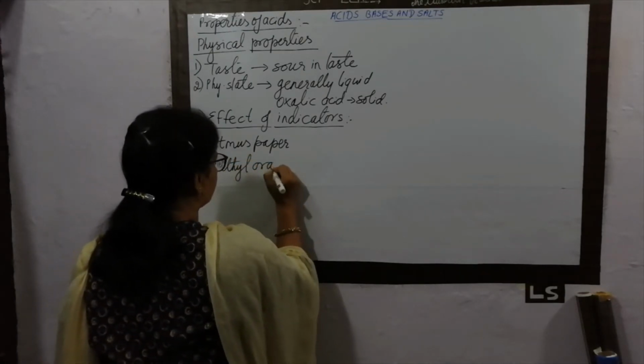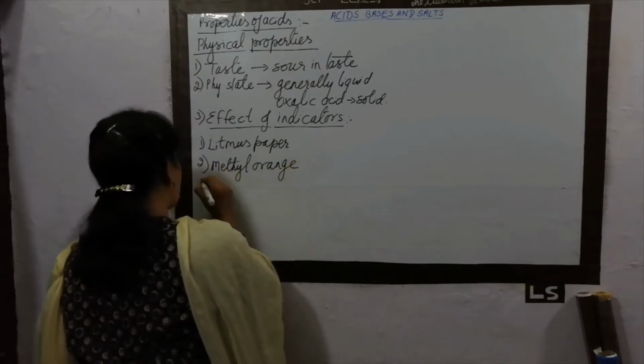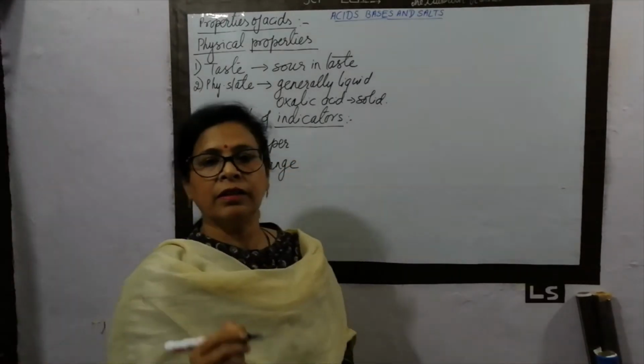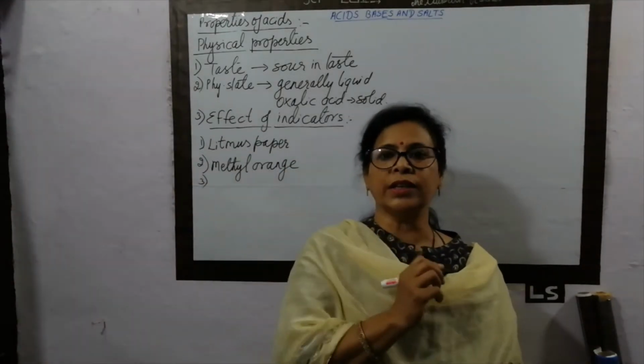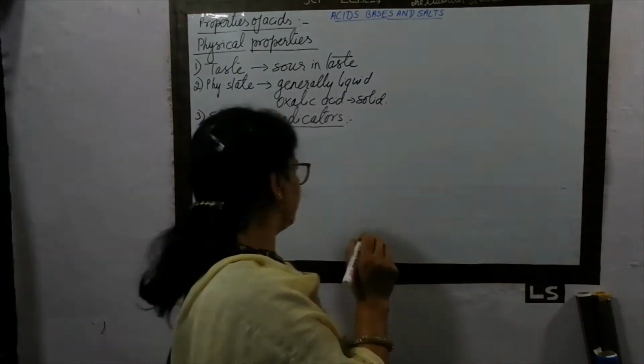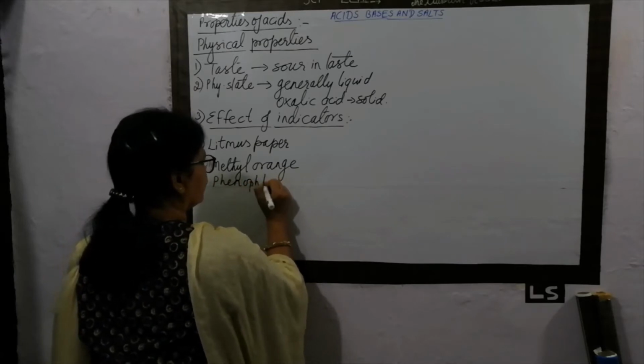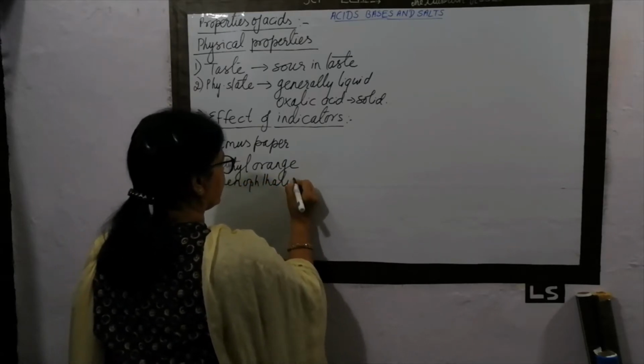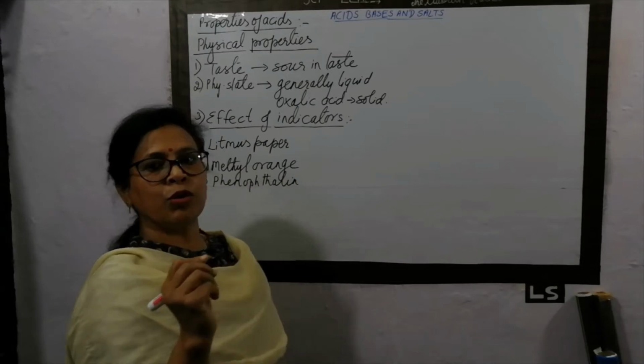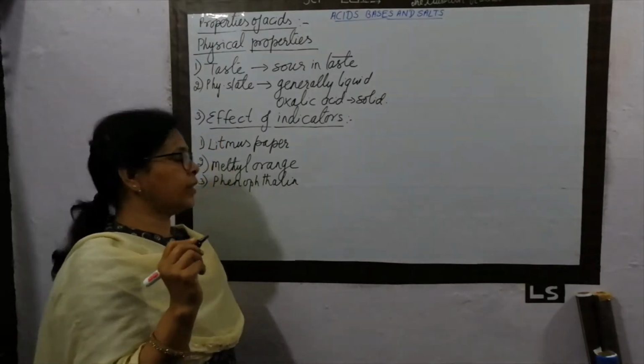As is clear from the name, it is orange in color. And the third type of indicator used in the laboratory is phenolphthalein. These are the three types of indicators used in the laboratory.